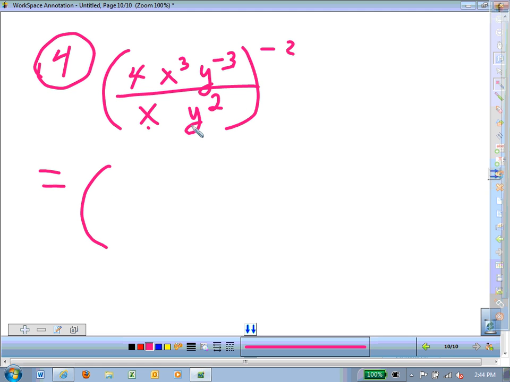So if I took the inside part here, I could do 3 minus 1, x squared. I guess I'll do it this way. Subtract this minus 3 from this 2, and then it ends up dividing, doesn't it?